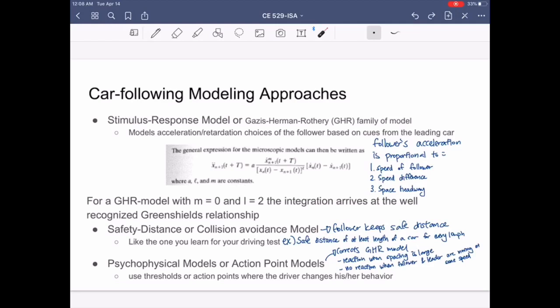So it corrects the GHR model by using thresholds, or action points, where drivers change their behavior. In this model, drivers react to changes in spacing and relative velocity when these thresholds are reached.